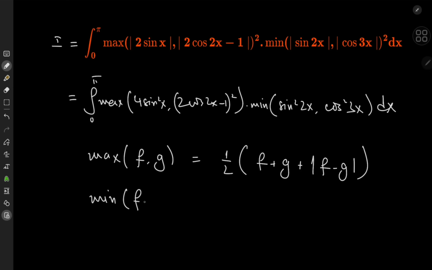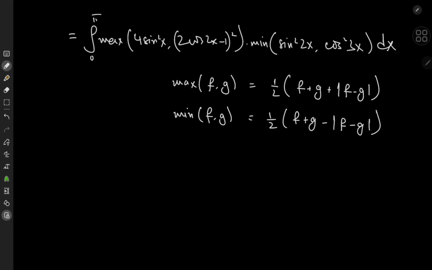And the min of f and g equals 1/2 of f plus g minus the absolute value of f minus g. I know that does not sound very comforting, but the key thing here is the absolute value.